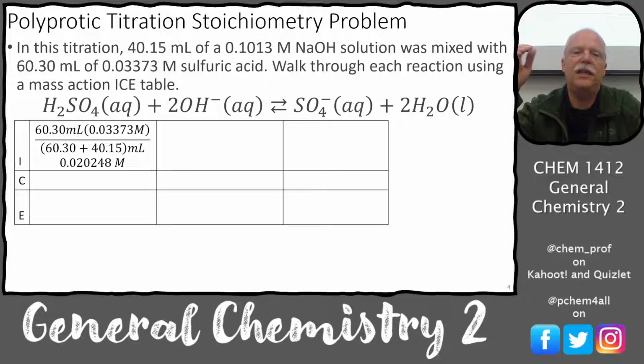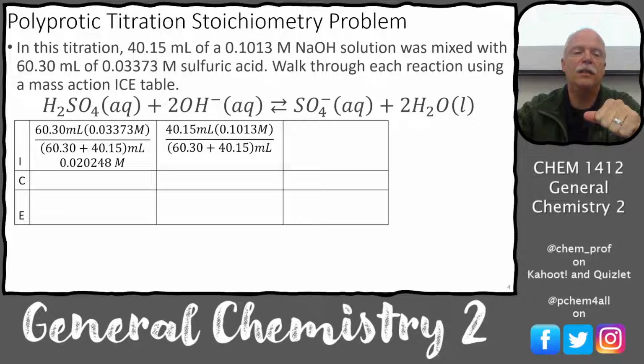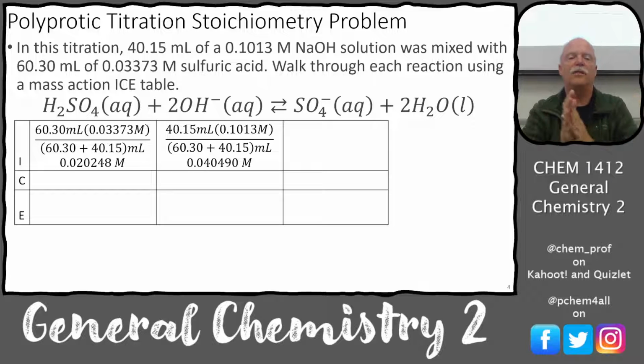Now in our titration, we stopped it when we had the indicator change, and so the amount of base should equal the amount of acid with the appropriate coefficient, the appropriate mole ratio. And so let's calculate the dilution of the base. We have 40 mils of the 0.1 molar base divided by 100 mils. So this is the concentration of the base.